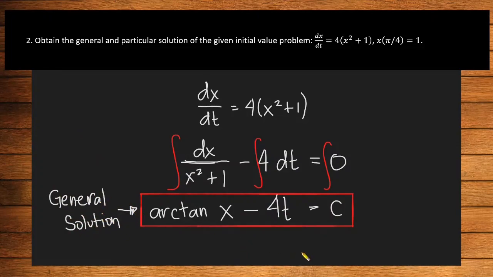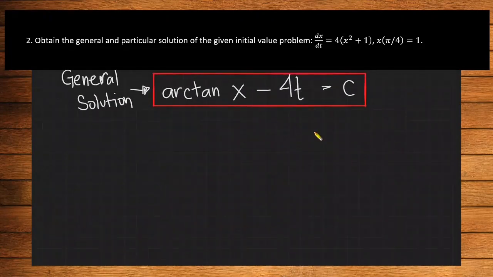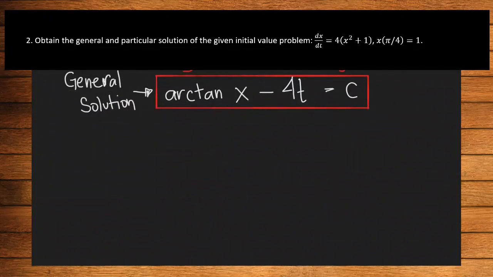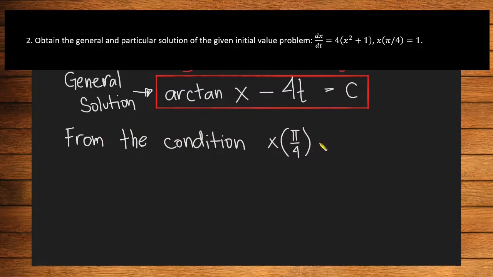Now, to obtain our particular solution, again, that can be derived from our general solution and from the given condition. So again, our given condition here is x of pi over 4 is equal to 1. Ibig sabihin, yung value ng x natin is equal to 1 when our t is equal to pi over 4.